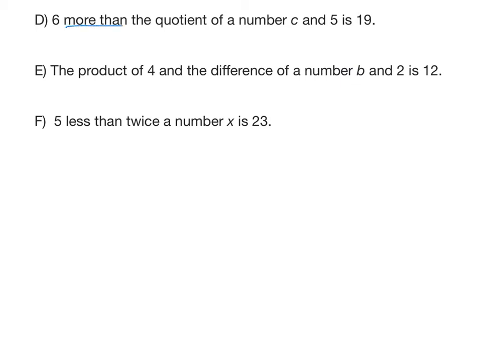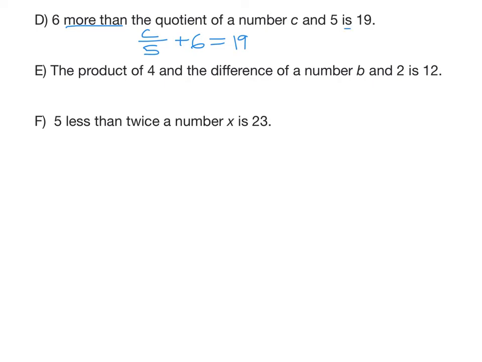We have 6 more than. So we need to start with the quotient of a number c and 5. Remember, quotient means division. So c over 5, and it's 6 more than that. So I need to add 6, and that equals 19. This whole phrase before this is 19, so it equals 19.